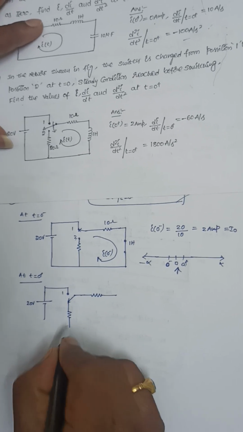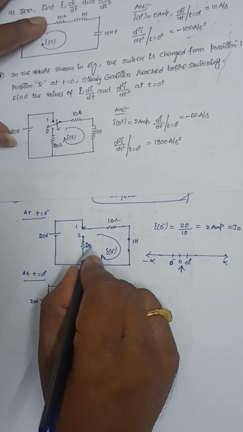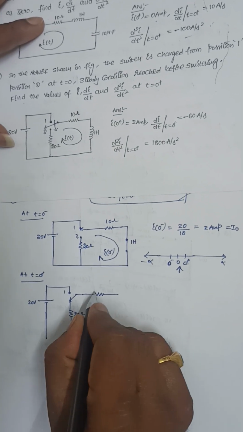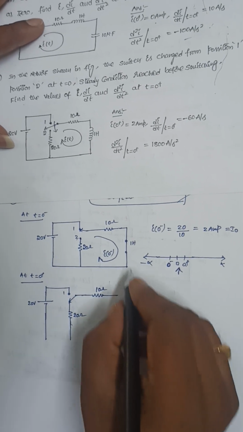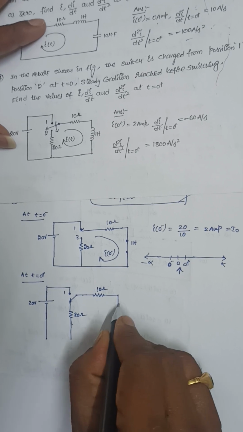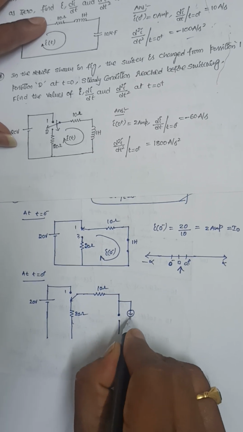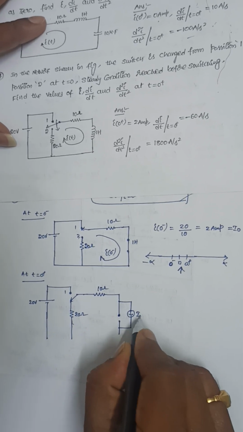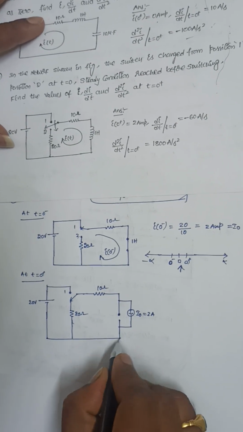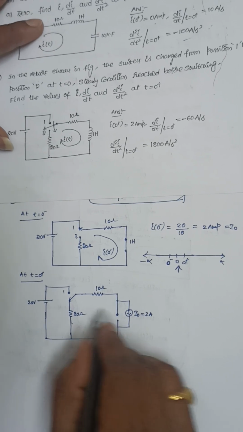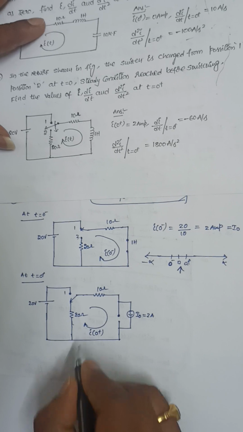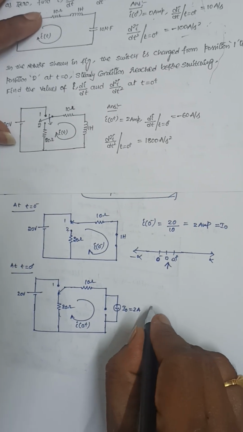So this is the resistance, this value is 20 ohms, this is 20 ohms, and now it is 10 ohms. Replace this inductor with its equivalent circuit, that is this one. This is the equivalent circuit of the inductance, that is I0 equal to 2 amperes. Now this one is i of 0 plus.